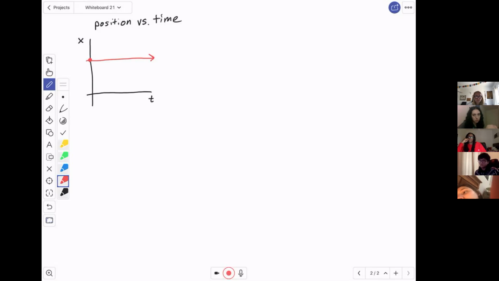Remember in the previous screen, we were talking about how we could use the slope of a position versus time graph to give us some information. What is the slope here? Would it be 0? Yeah, 0, right? Because it doesn't rise.